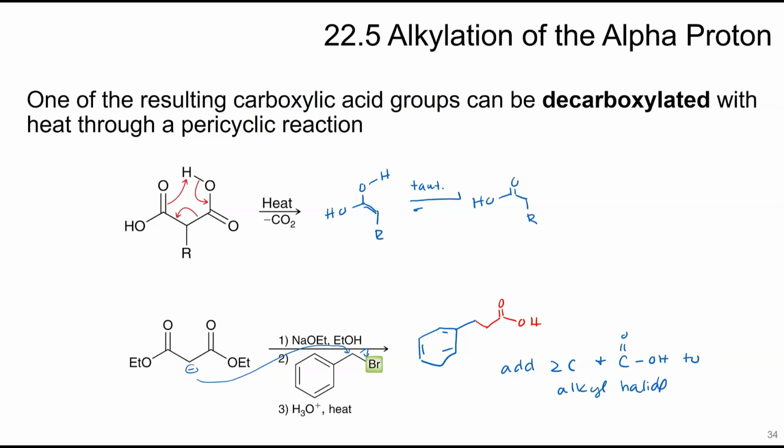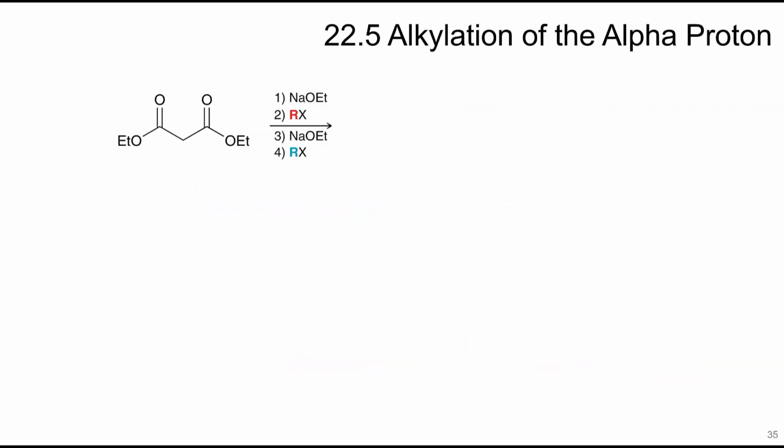So you can alkylate 1 time. We can also alkylate 2 times since there's 2 alpha protons there. So we have this ester. You'd add the first R, and then there's still an acidic proton there. You then add the second R. We add acid and heat.